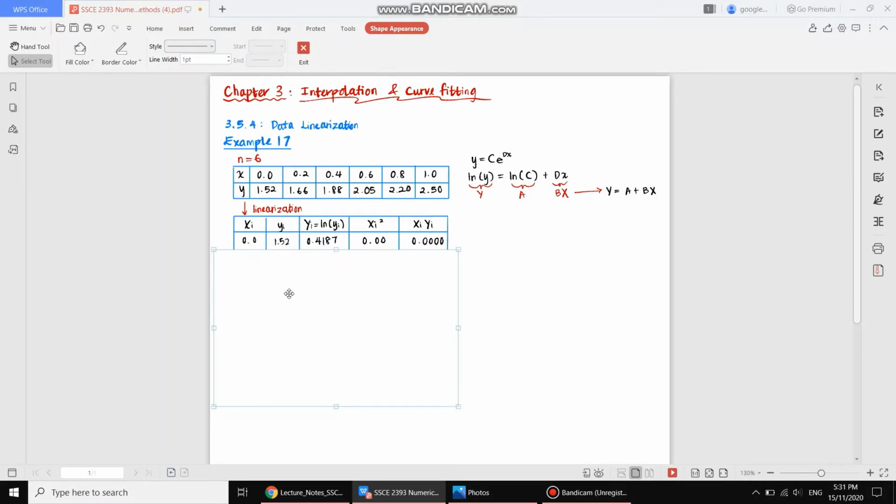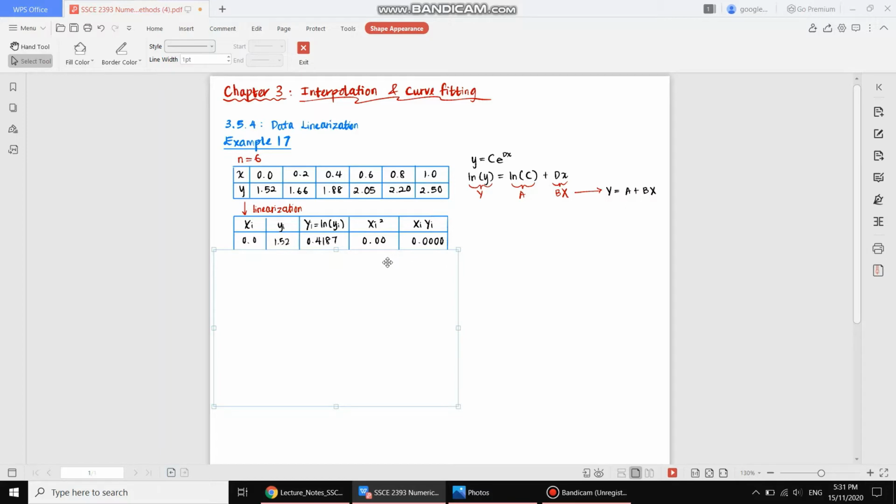We use our calculator to calculate big Y1, which is ln of small y1, equal to 0.4187. For x1 squared, we just square the x1 from the table, and x1 times y1, which is 0 times 1.52, is equal to 0.